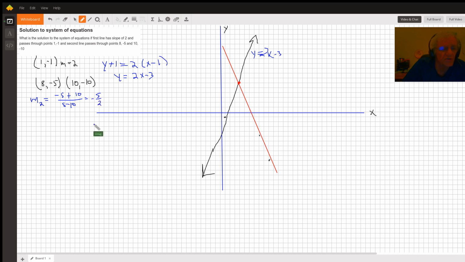So now that I know the slope, I can use either of these points in point-slope.